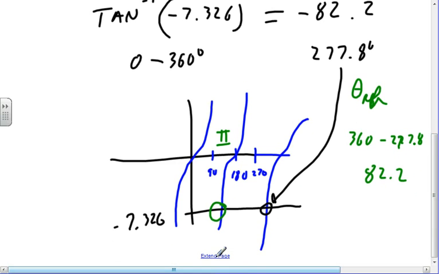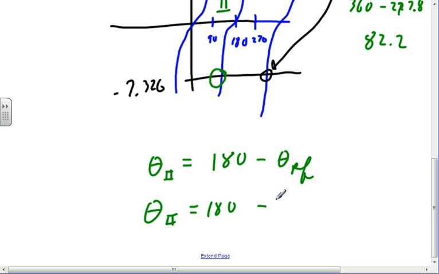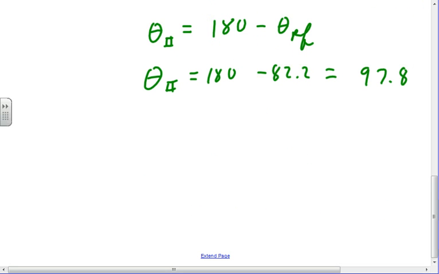In the second quadrant, my answer is equal to 180 minus the reference angle. So 180 minus 82.2, which would be 97.8.